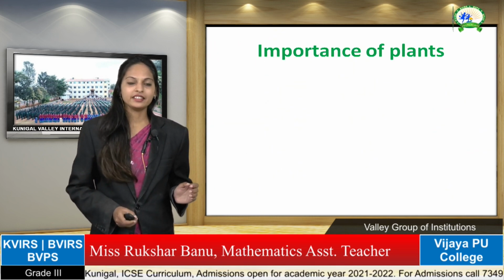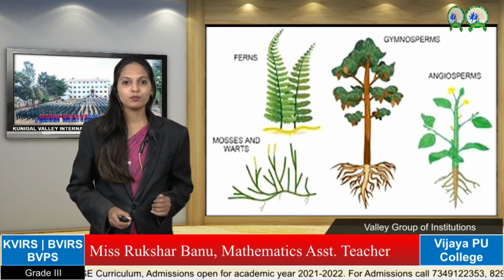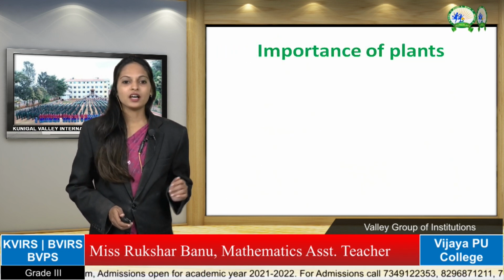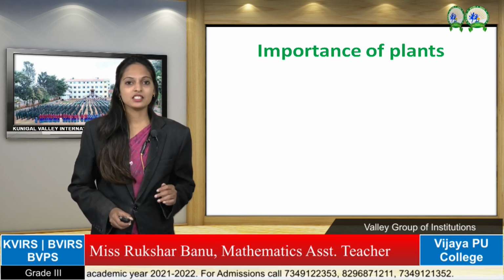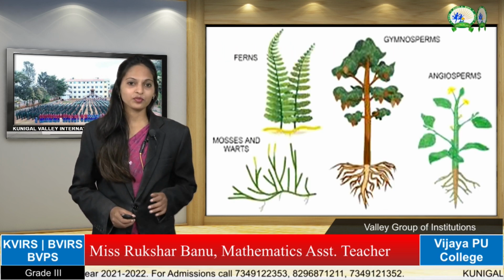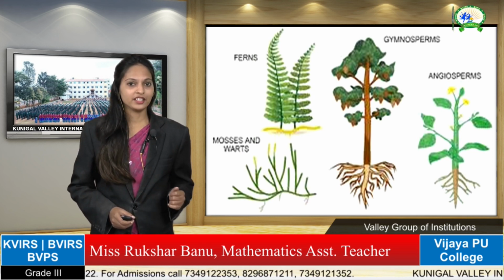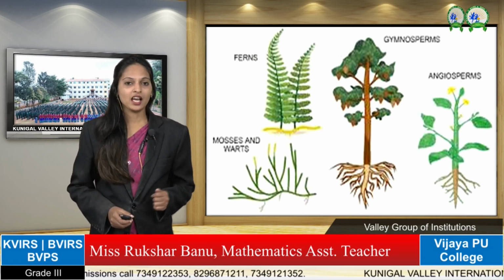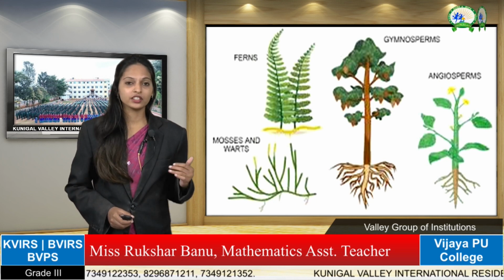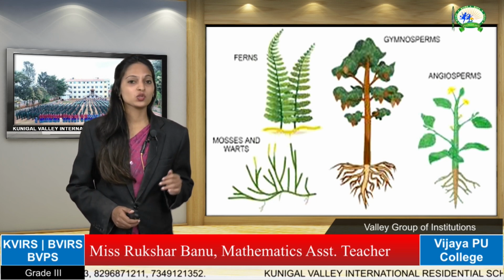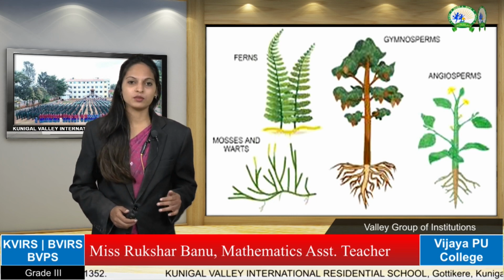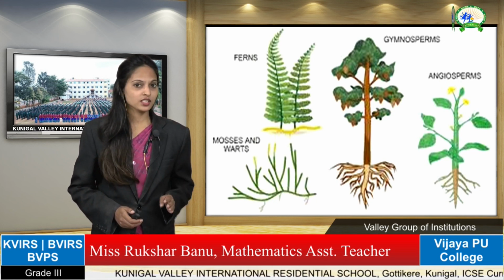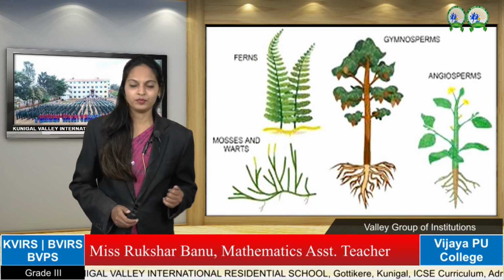A plant is divided into two parts. The part of the plant which is under the ground is the root system. The part of the plant which we can see above the ground is called the shoot system. So the two parts of a plant are the root system and the shoot system.